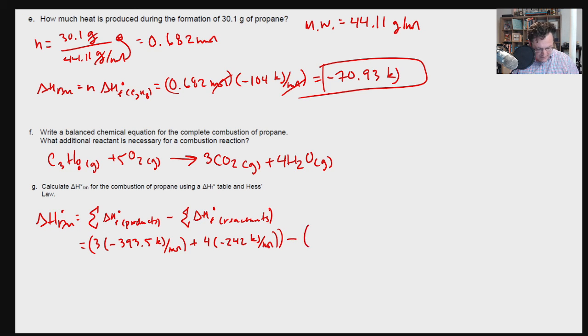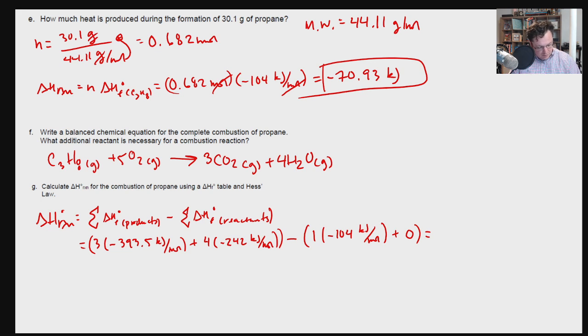Now we subtract out our reactants, so minus C3H8, which is 1 mole of C3H8 times negative 104 kilojoules per mole, plus oxygen, which is one of the elemental forms, and so it has a 0 value for the delta HF. If we add all of that up, we get 3 times negative 393.5 plus 4 times negative 242.